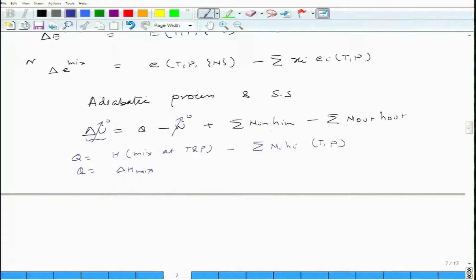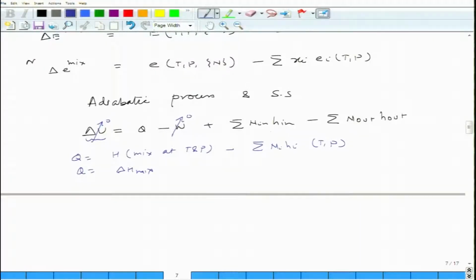Now, if Q is positive, it means exothermic. If Q is negative, it means endothermic. If it is adiabatic, it has to be 0. Since there is no way to extract the heat out of the system, if it is exothermic, the temperature of the system will change. But it depends on what the typical delta H mix is, and whatever changes occur depend on T, P, x_i.